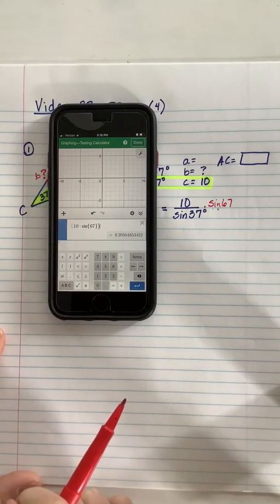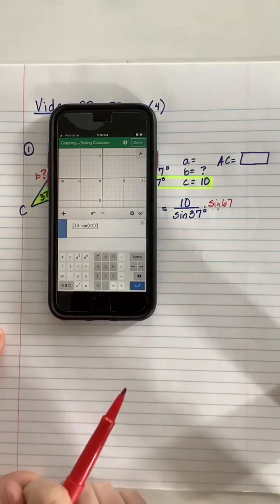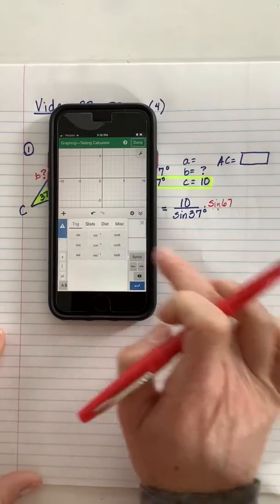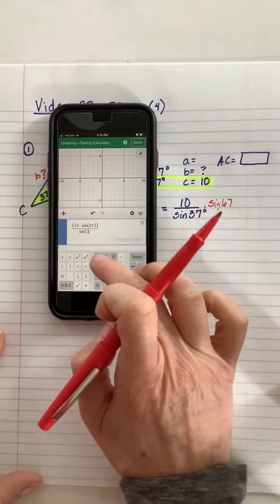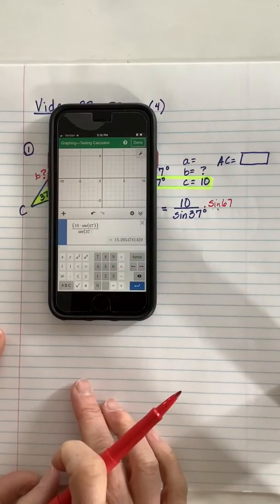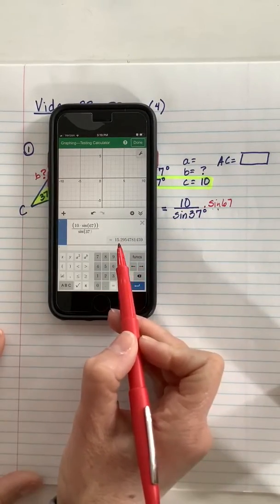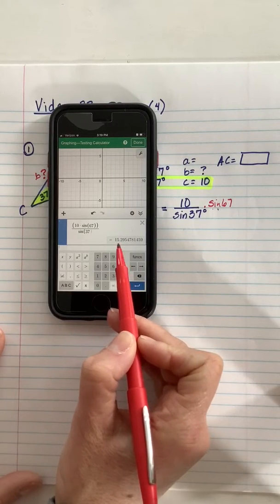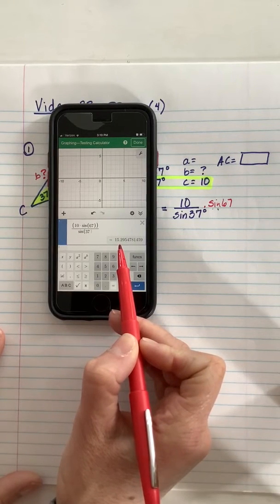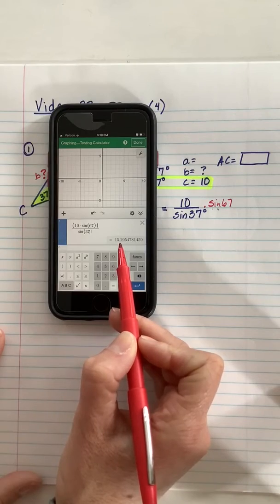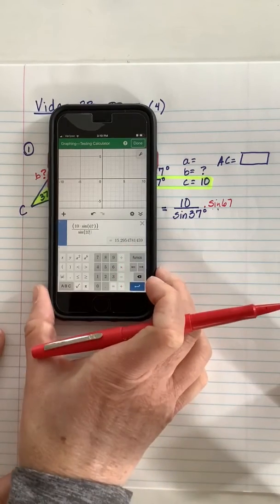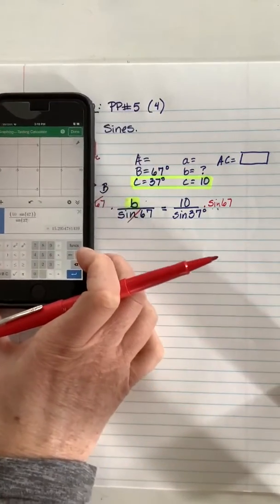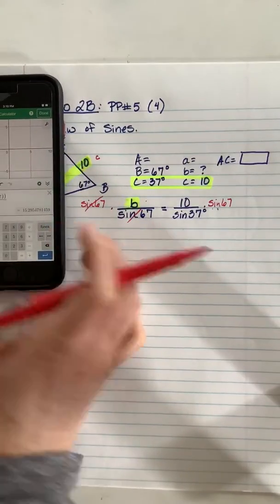So there's my numerator. Now I need to divide that by the sine of 37, so back to functions, sine 37, which means that I believe my side b is going to be 15.295478.